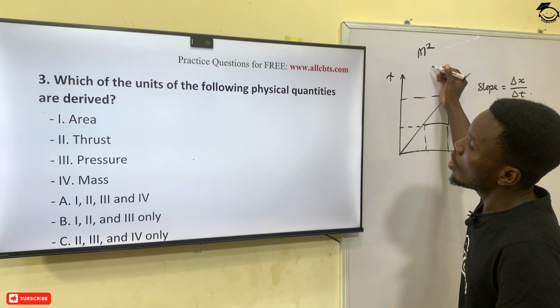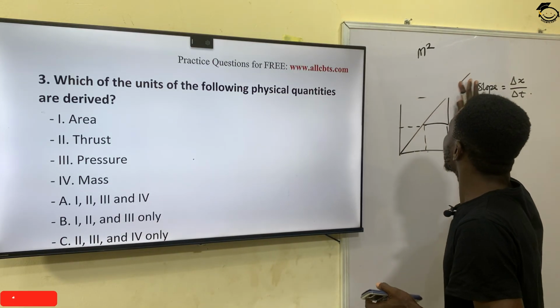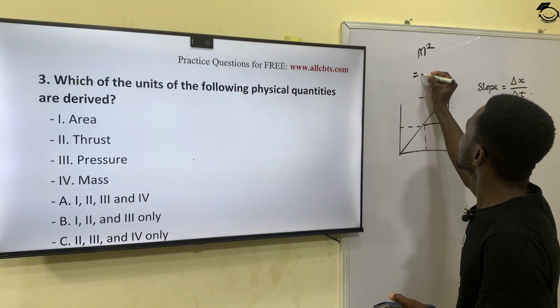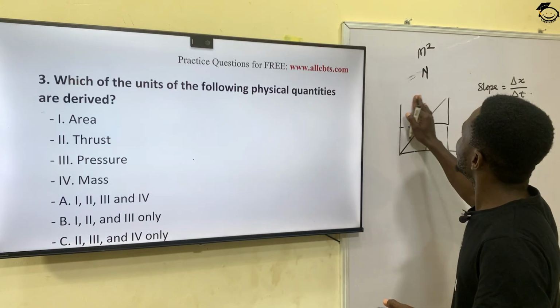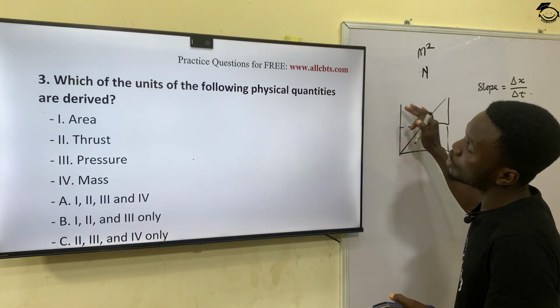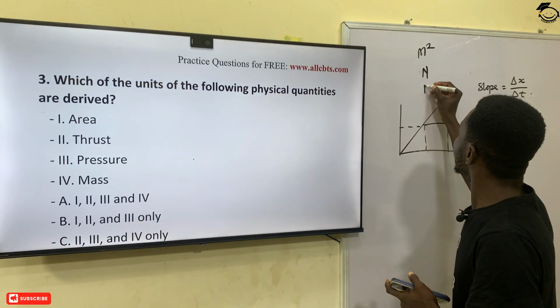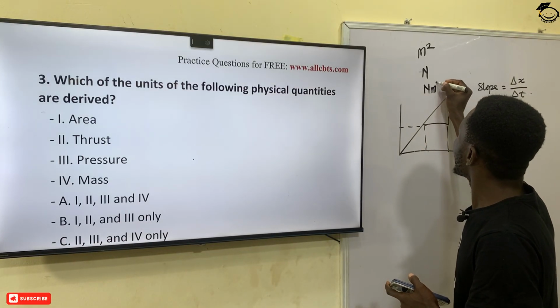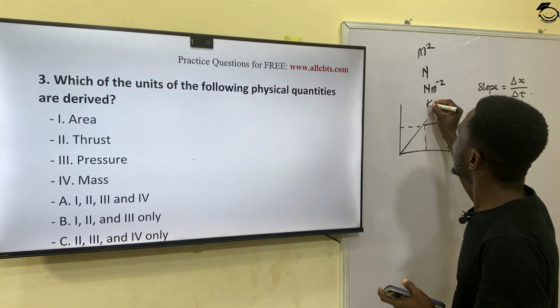The unit of thrust, because thrust is a force here, is Newton. The unit of pressure, because pressure is force per area, is Newton per meter square. Then the unit of mass is kilogram.